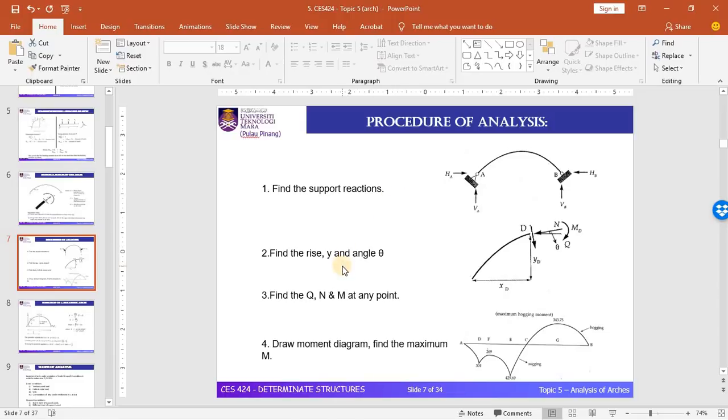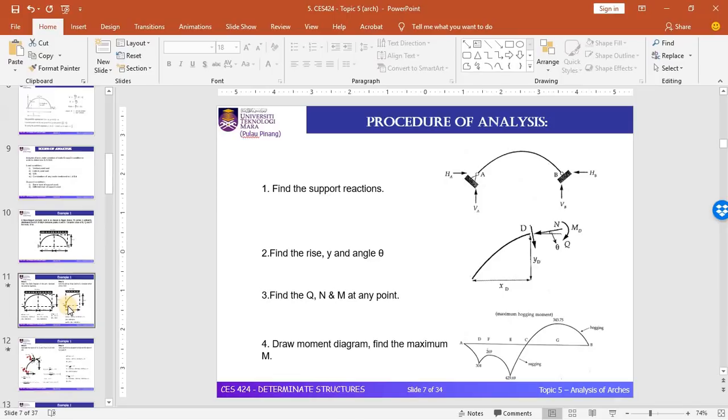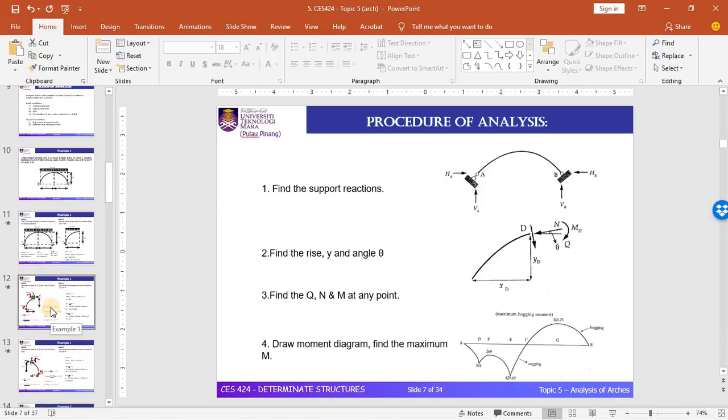And you need to find out the rise y and the angle theta at a specific point, and by that you can find out the internal forces of radial shear force, axial force, and moment value. Then you can proceed to draw the bending moment and shear force diagram. So based on this procedure of analysis, let's look at the solution of example 1.